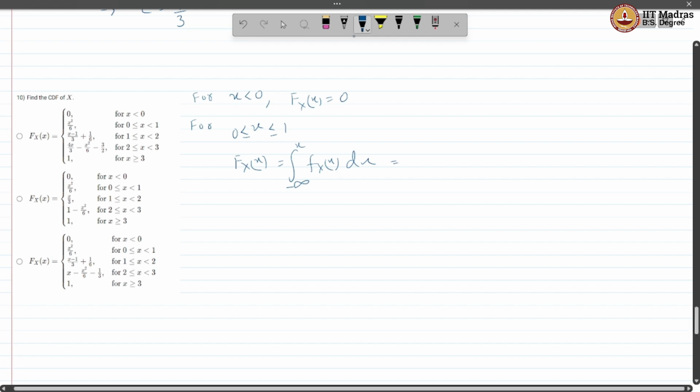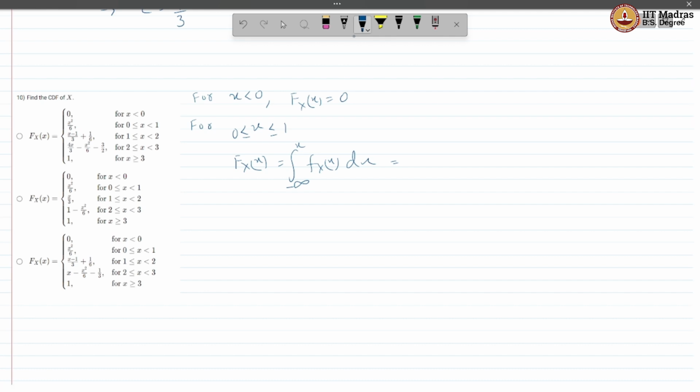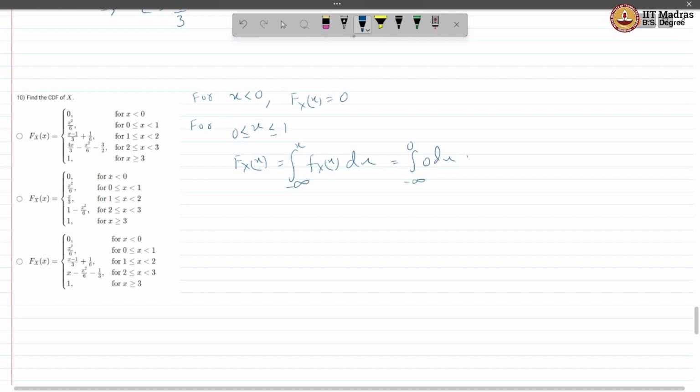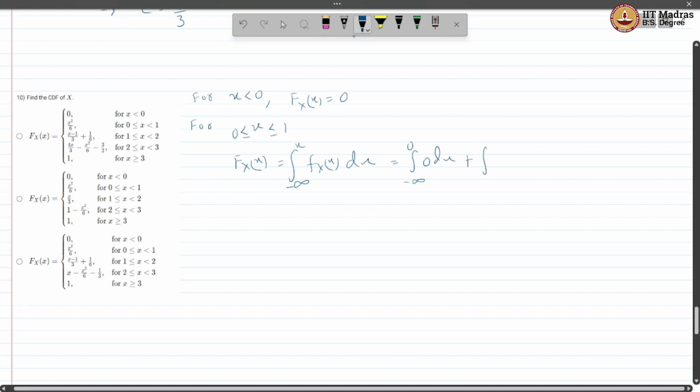As the PDF is piecewise defined for different intervals, this will be equal to integration of 0 from minus infinity to 0 plus integration of x by 3 with respect to x from 0 to x. This will be equal to x square by 6.